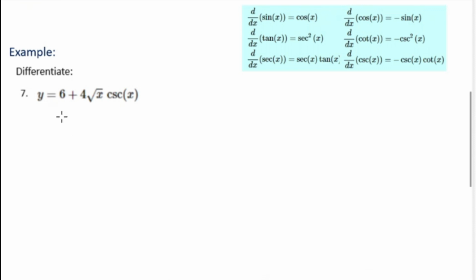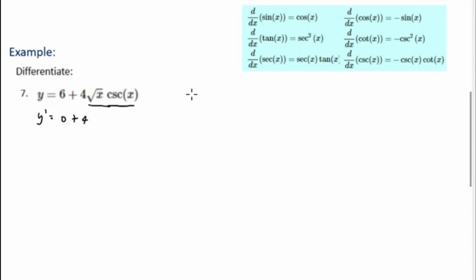Number 7. y is equal to 6 plus 4 square root of x cosecant of x. So differentiate. y prime is equal to the derivative of 6, which is 0, plus, copy the constant, and we derive square root of x cosecant of x using product rule.